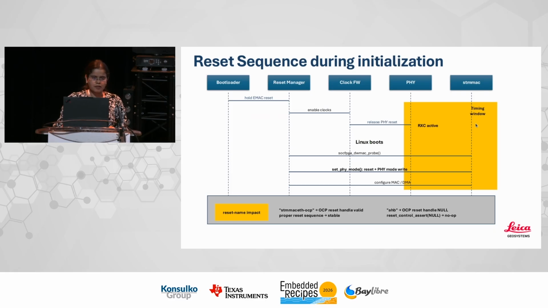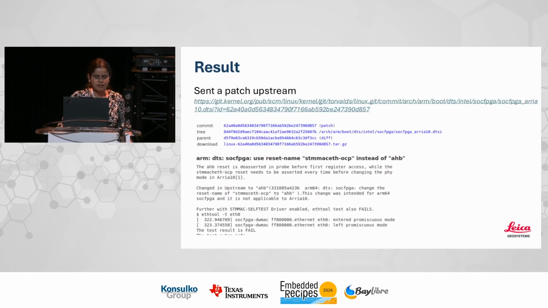So knowing we need a correct reset name, and it is still being used inside the glue driver, and the glue driver for SoC FPGA needs the correct reset name, I decided to send the patch upstream. And it was accepted, and someone also mentioned they had a similar issue.